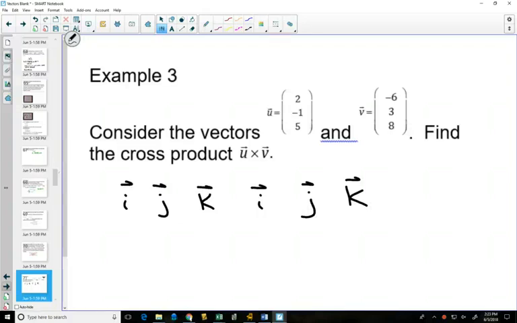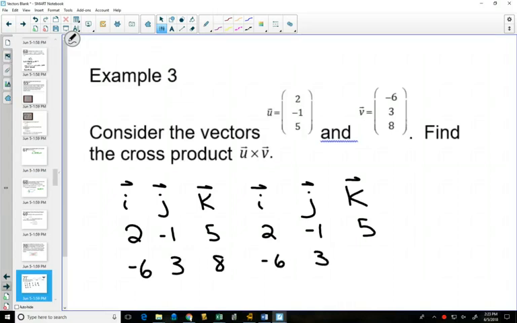You take your first vector u, 2, -1, 5. You take your vector v, -6, 3, 8.